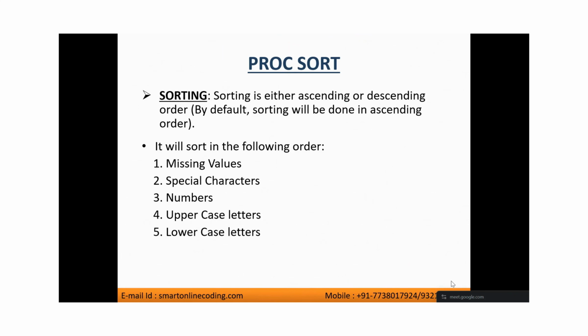And if you want to do a different kind of sorting, if you want precisely a descending order, then in such case you have to pass a particular keyword called descending, that I will show in the next example. Now what will be the sorting order usually?